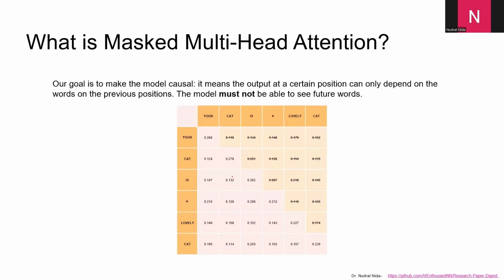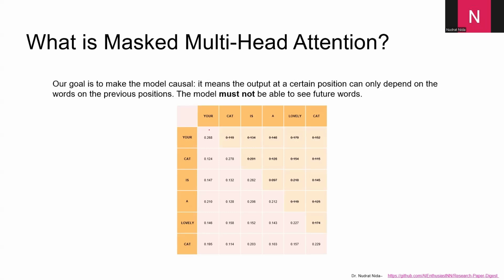So what is masked multi-head attention? Our goal is to make the model causal. As I already told you, we want our model to see only the data that is provided during the training stage. If we have the input "your cat is a lovely cat", then "your" is the first word. To make it a causal model, we don't want our transformer during the training phase to see the future words.